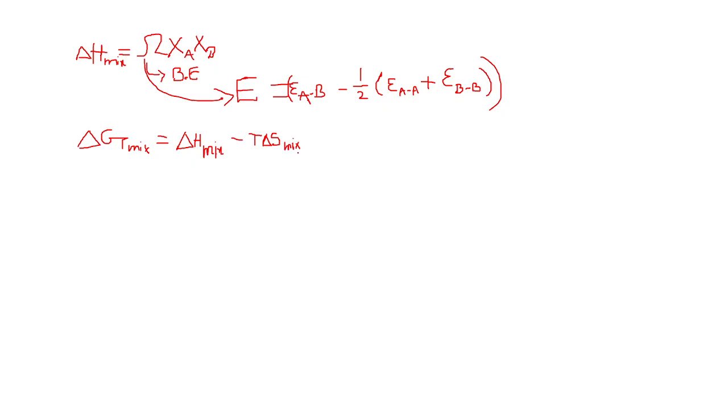So we know delta S mix is minus R times XA ln XA plus XB ln XB, so the minus will become plus. Even though it becomes plus, ln XA is always a negative number, because mole fractions lie between 0 and 1, and logarithmic values between 0 and 1 are always negative.